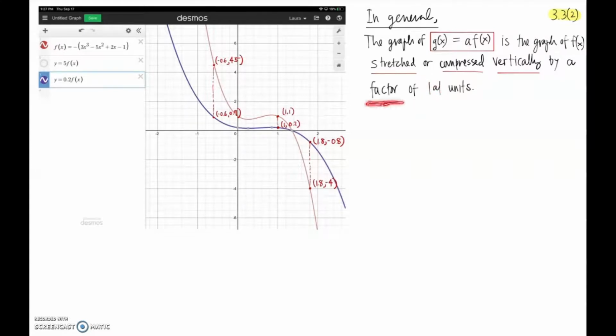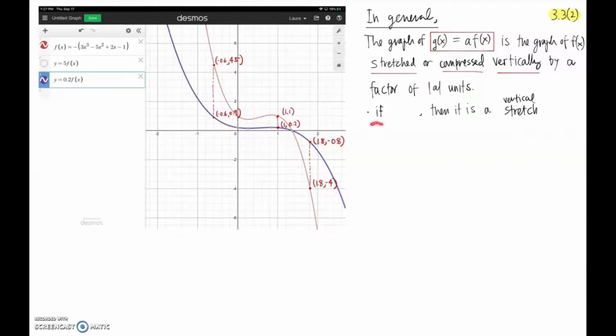Whenever you see the word factor, think multiplication. We're not adding this number, we're not shifting it up and down a units. It's being multiplied by the function, so each y value is getting multiplied by the absolute value of this number.